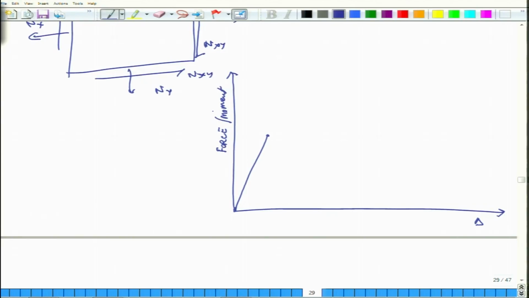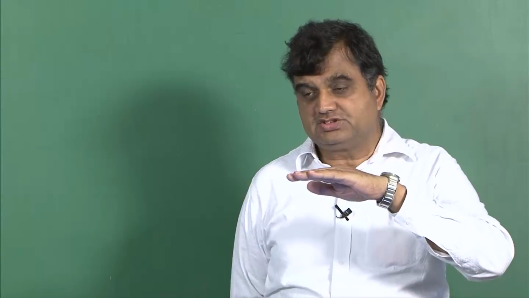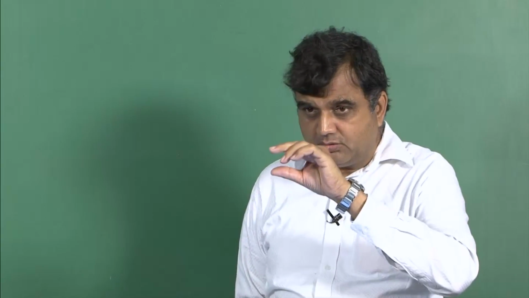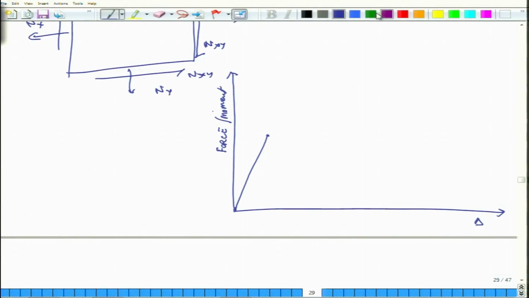And then as I keep on increasing the load, there will be one particular load at which failure will start happening. When that failure happens, what does that mean? One of the Q bar matrix has become 0. So, when that Q bar matrix becomes 0, the overall A, B and D of the system will come down, right. So, now if I load this composite further, it will not be a continuous line, the slope of the line will change, it has become less stiff.